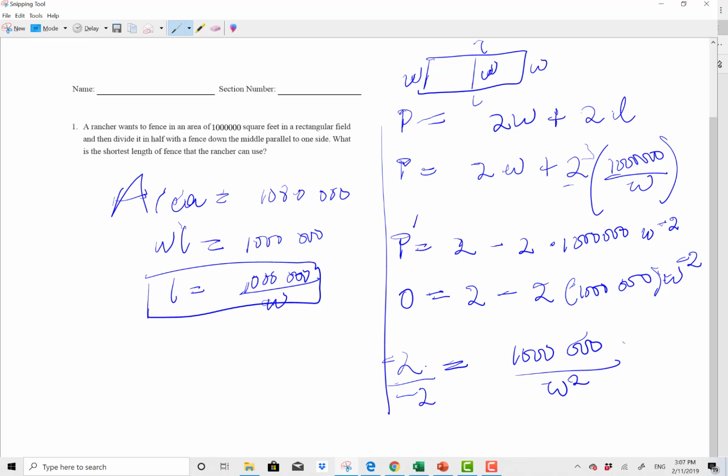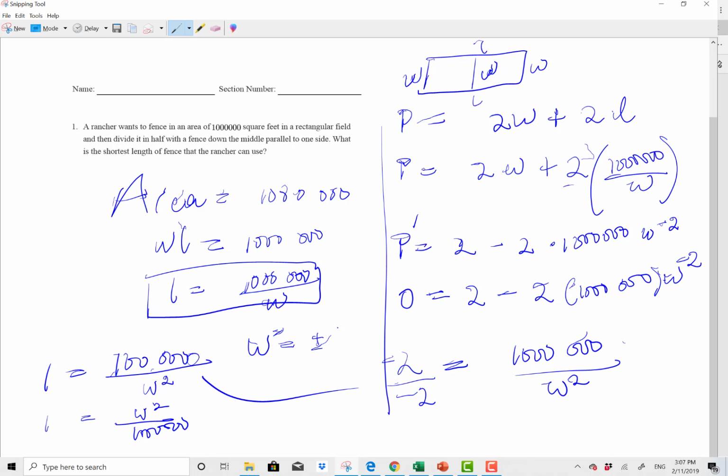This divided by that is simply going to be equal to 1, equal to 1,000,000 divided by W squared. If I flip this, it's still going to be 1 equal to W squared divided by a million. So W is going to be equal to plus or minus the square root of a million.